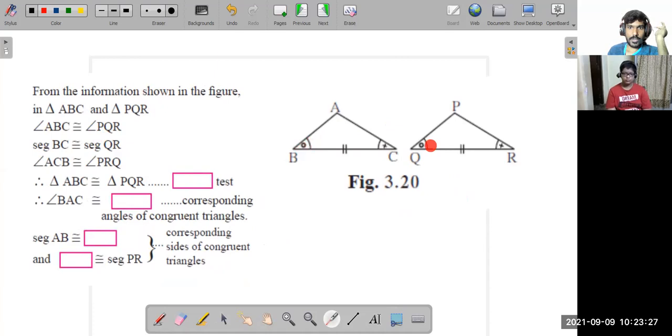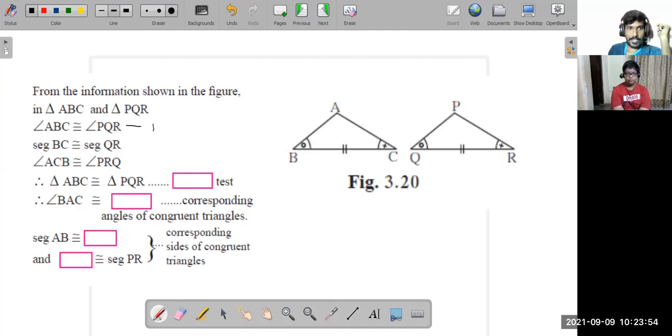Segment BC is congruent to segment QR, which is given. Then angle ACB, that is this angle, is congruent to angle PRQ, that is this angle, which is also given in the question. So you have proved an angle, a side, and again an angle. So these two triangles are congruent to each other by which test? ASA test.